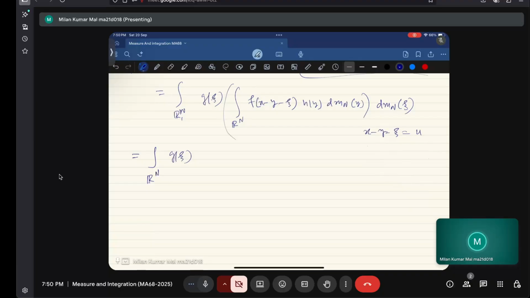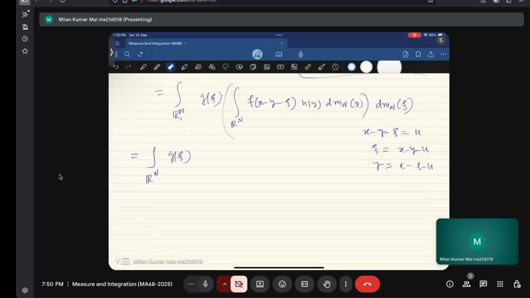In that case, x is fixed, so j will be x minus y minus u, and y will be x minus j minus u.